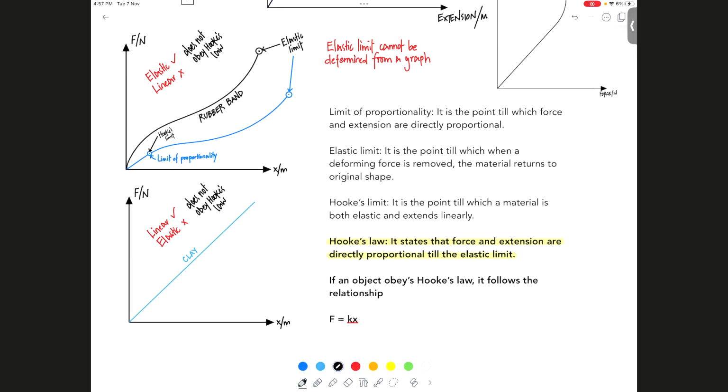Let me show where. An elastic material doesn't need to have a linear graph, like a rubber band. A rubber band is very elastic. So what is the graph? Non-linear.